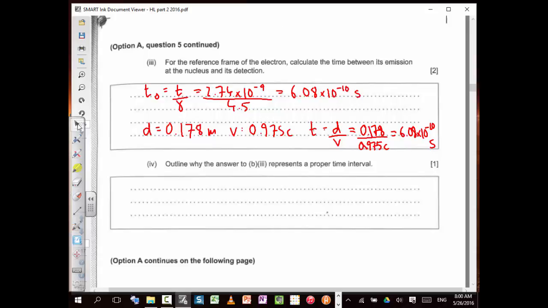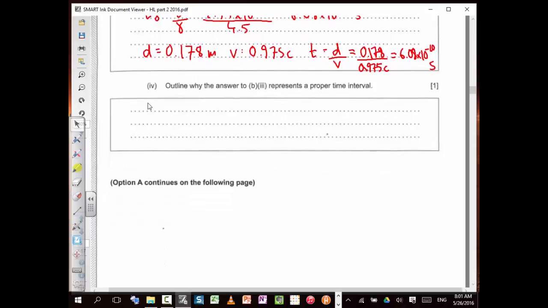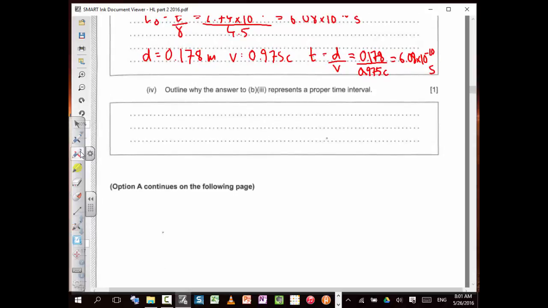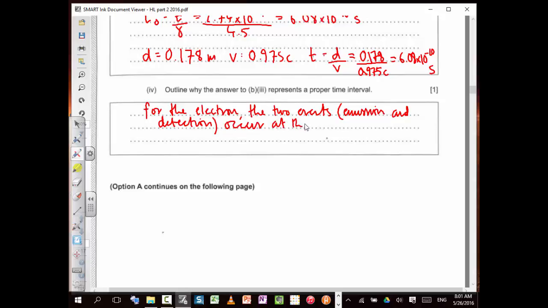Outline why the answer to B3 represents a proper time interval. Because for the electron, the two events, emission and detection, occur at the same point in space.